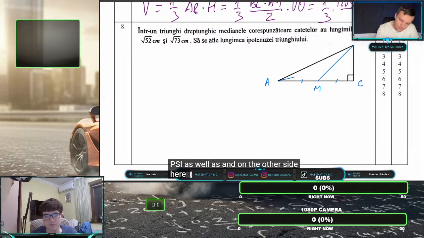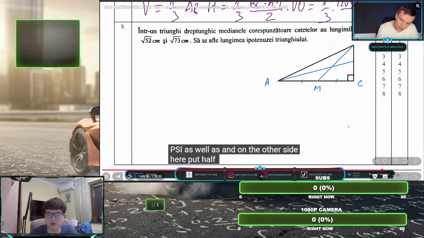So we got like the lengths of lines that split the AC and CB of a triangle. I know you cannot see it. And we gotta find the largest line. So I think we can do something with the Pythagorean theorem to find out.